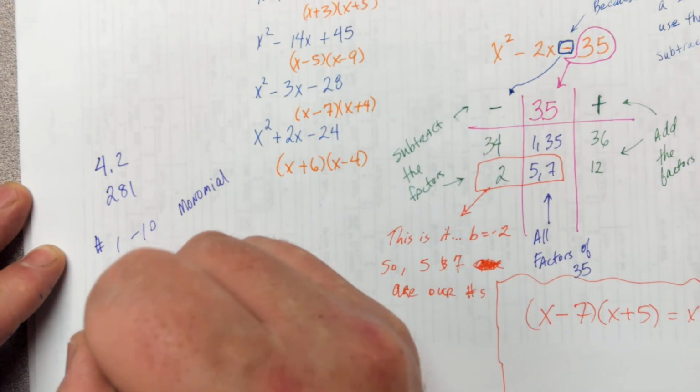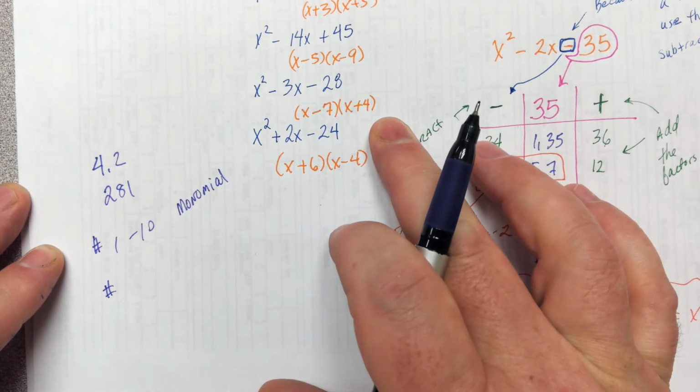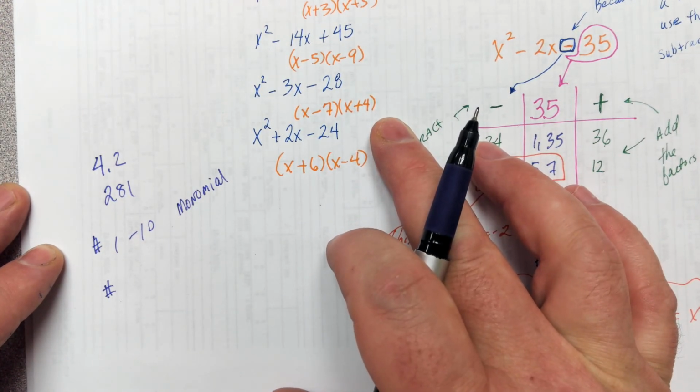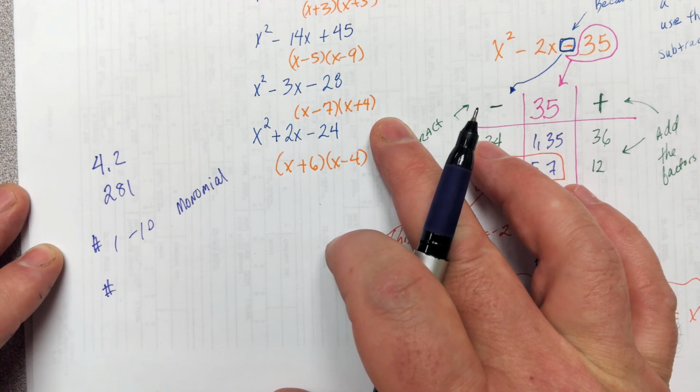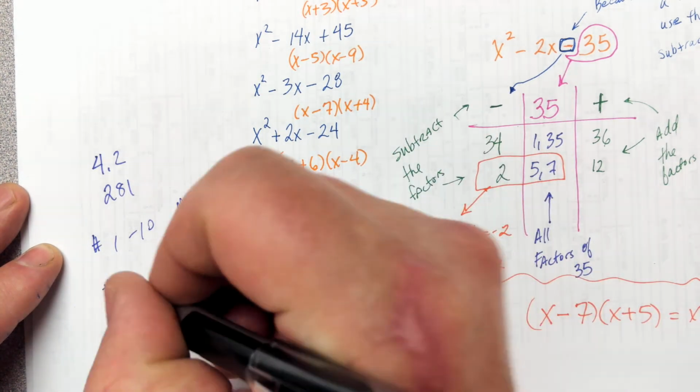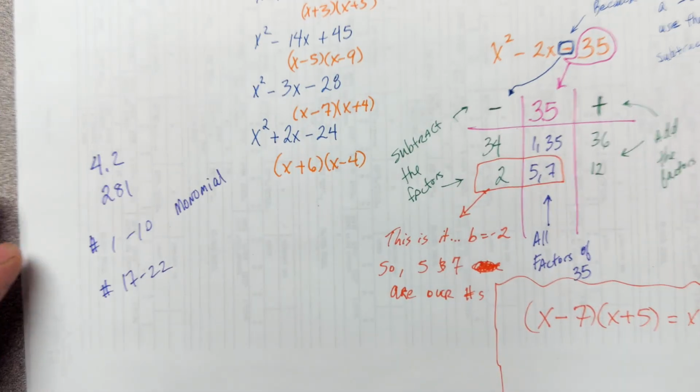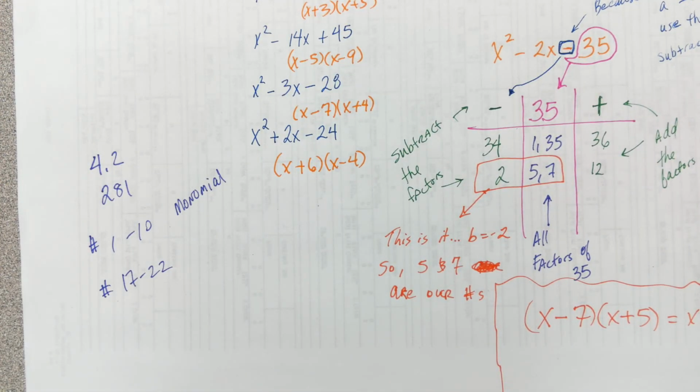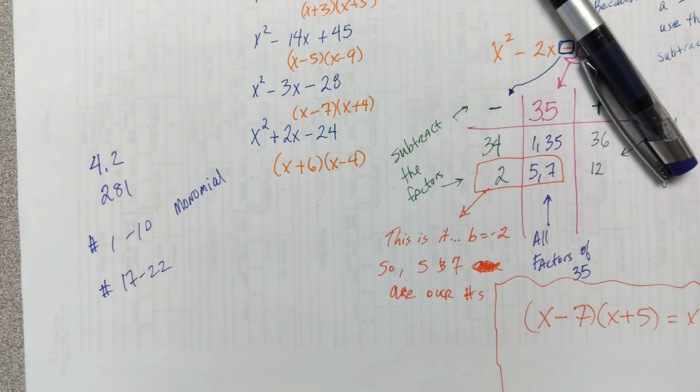Not as tricky, but you should still be able to do it. And then the stuff we're doing that's like this, there's not actually very many in there, which kind of sucks because there's only 17 through 22. That's not really enough practice, I don't think. But that's what our book has. If there isn't a lot, you could just email us. I could email you something, yeah. You don't have to do these either, but if you would like the extra practice, I can email you some problems like this right now. I'll look for it right now, actually.